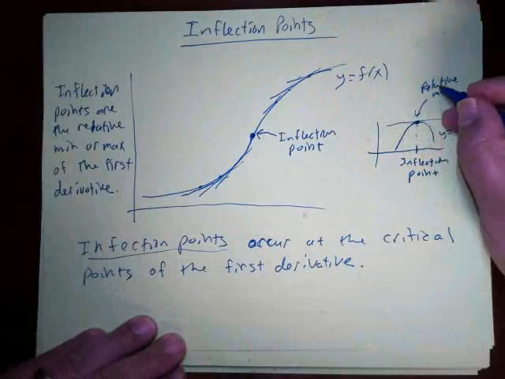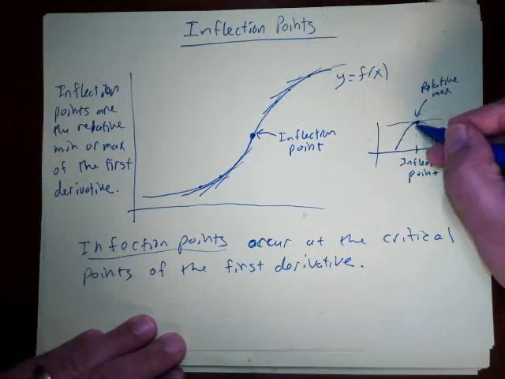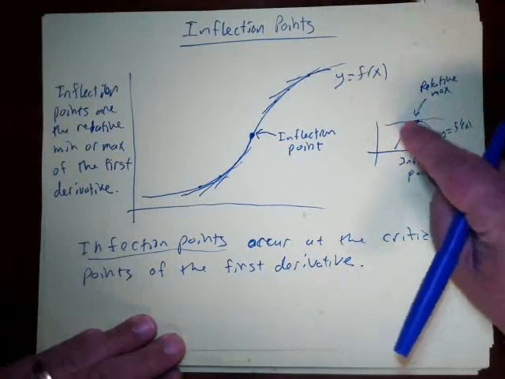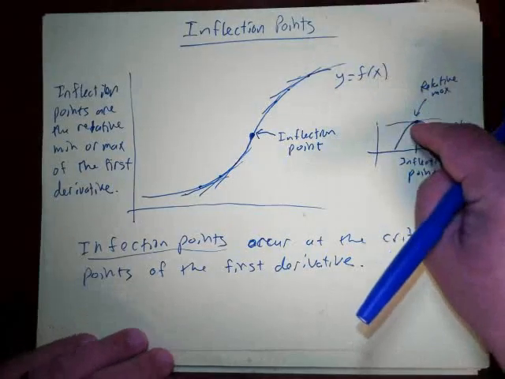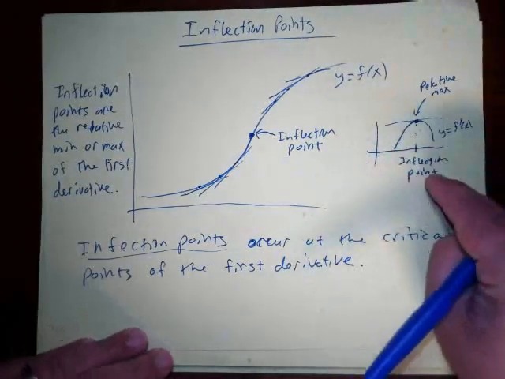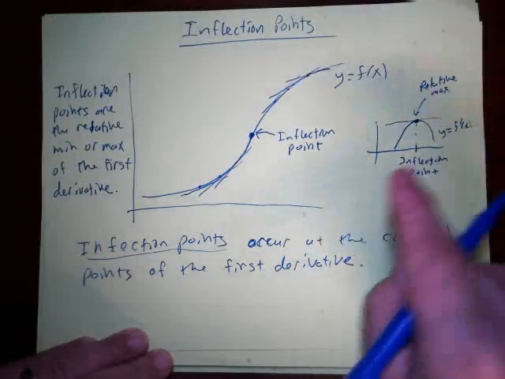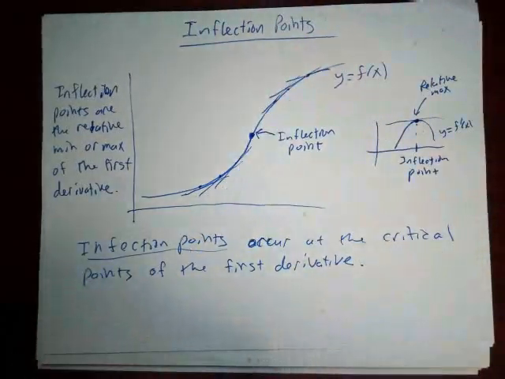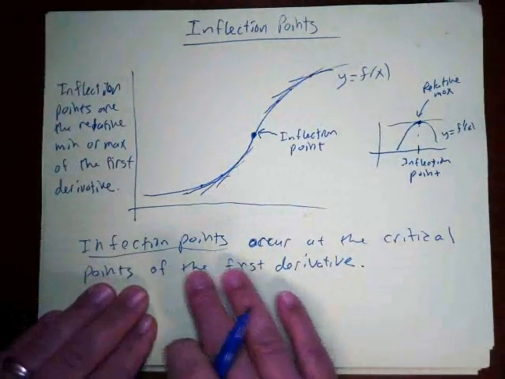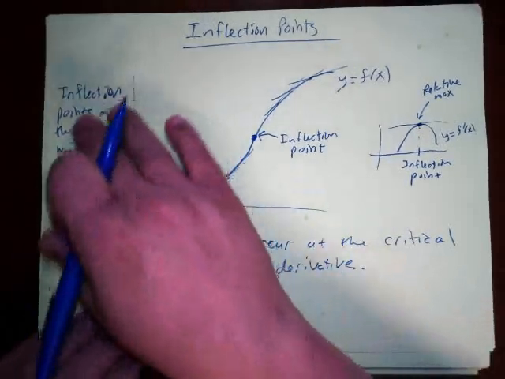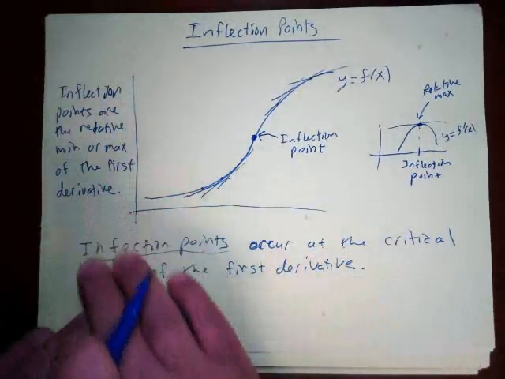If the first derivative here has a critical point, but that critical point is not a relative min or max of the first derivative, then that critical point of the first derivative is not an inflection point of the original function. Okay? So inflection points occur at a relative min or max of the first derivative.